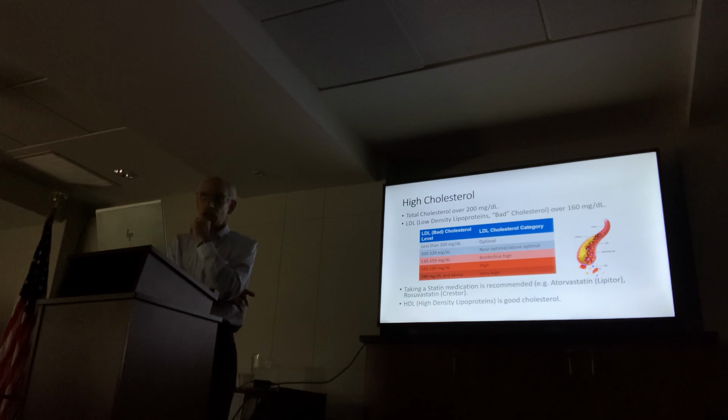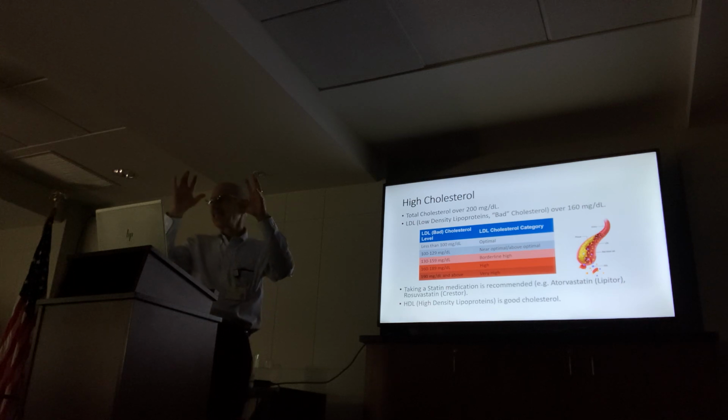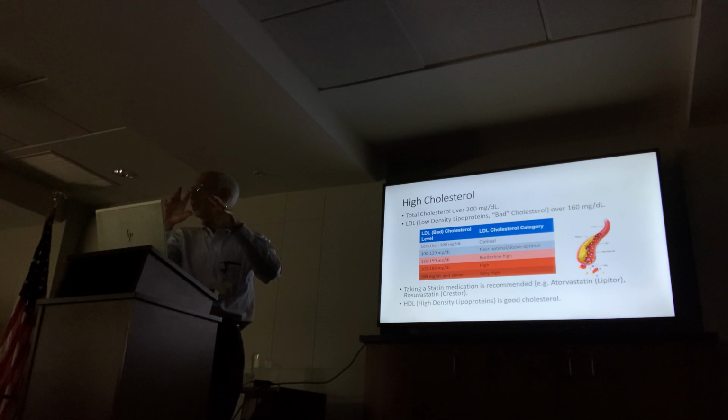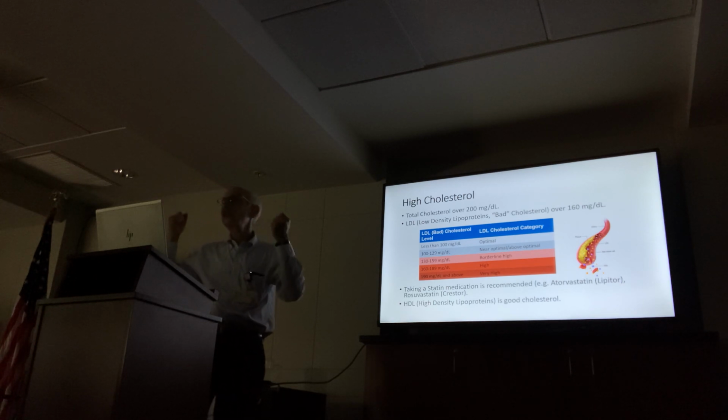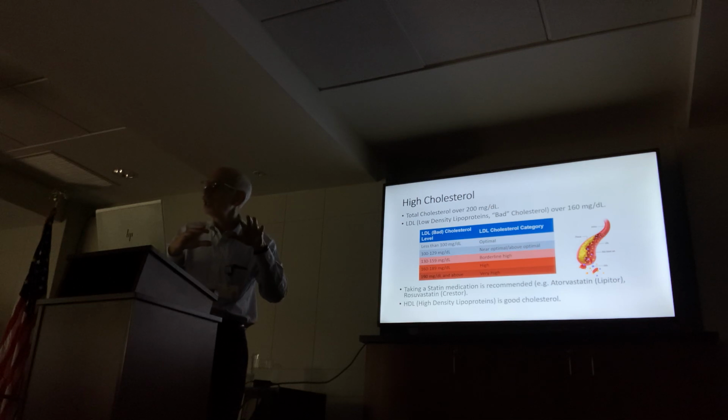HDL. So here in this little picture of an artery to the right here is an artery with all the cholesterol, that yellow stuff. The LDL deposits cholesterol in the arteries. HDL extracts it. So we want to have a pretty good HDL and a low LDL.